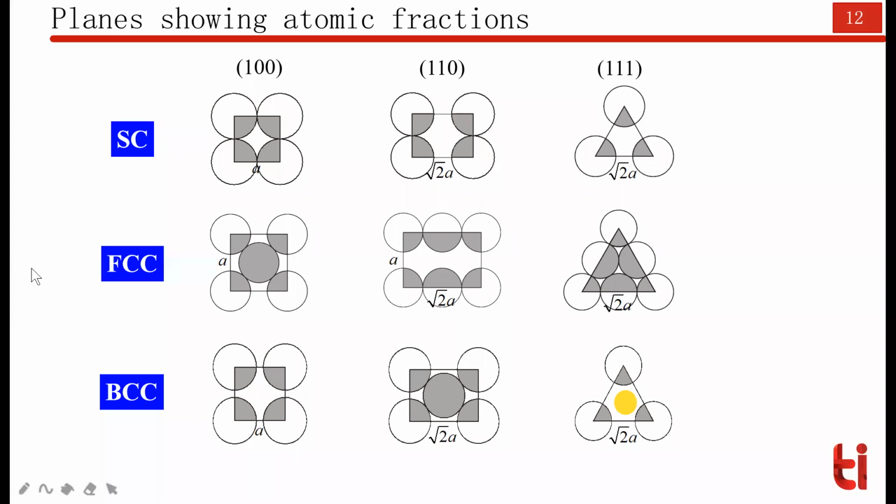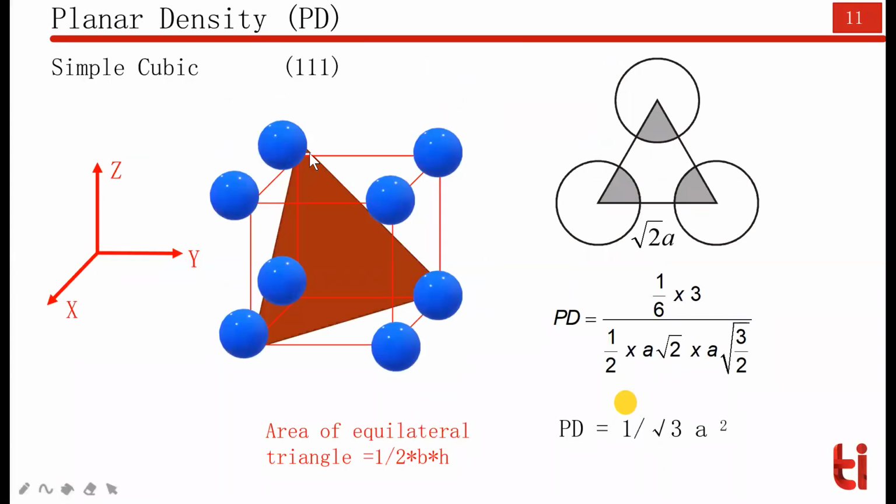Let me show that in the 3D version. This is the 111 plane. So if I look along a direction which is from the middle of the face, my inclination of the plane is like this.